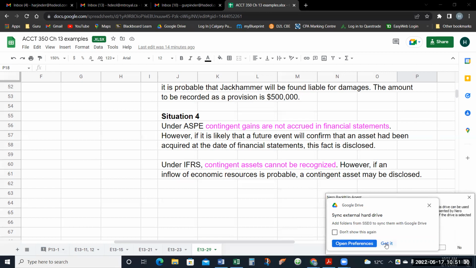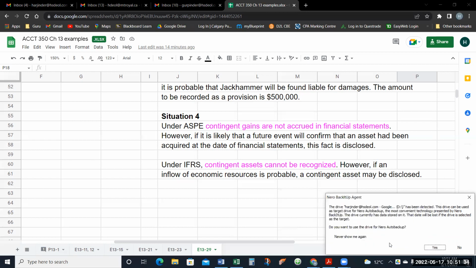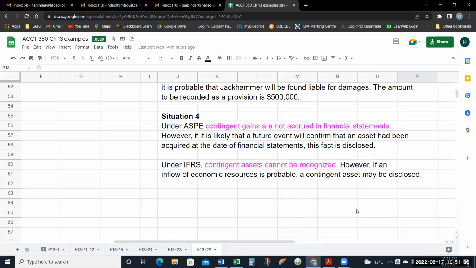So if there was some kind of a letter that we got from the officials, then we may disclose the fact, but we are not able to accrue it. And under IFRS, the terminology is a contingent asset, so we can't recognize a contingent asset. However, again, if the inflow of economic resources is probable, a contingent asset may be disclosed.